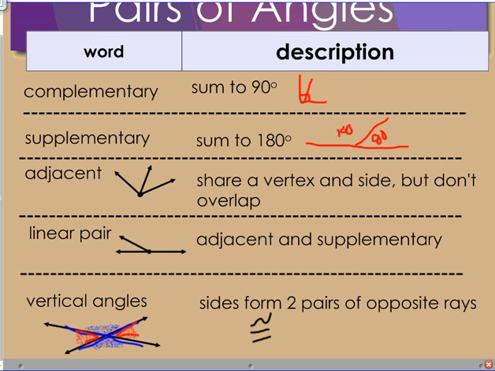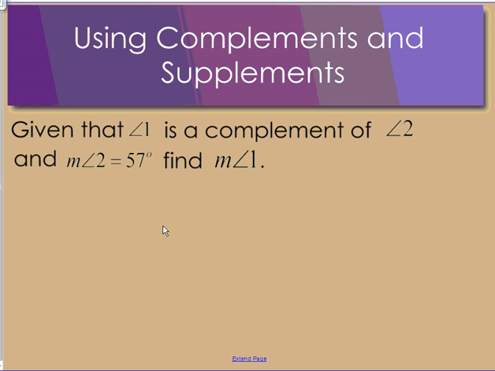We're going to do one example right now. This one has to do with complements and supplements, so complementary angles and supplementary angles. The question says, given that angle 1 is a complement of angle 2 and the measurement of angle 2 is 57 degrees, find the measurement of angle 1.